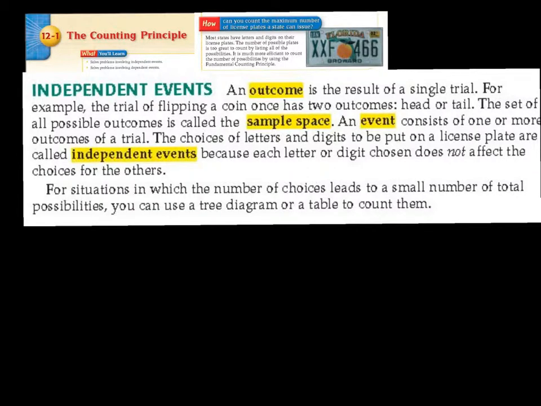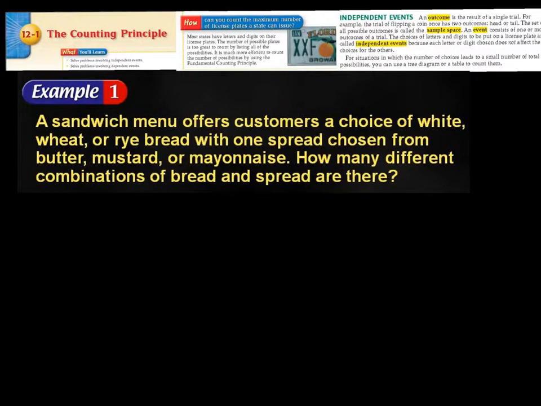For situations in which the number of choices leads to a small number of total possibilities, you can use a tree diagram or table and count them. A sandwich menu offers customers a choice of white, wheat, or rye bread with one spread chosen from butter, mustard, or mayonnaise. How many different combinations of bread and spread are there?